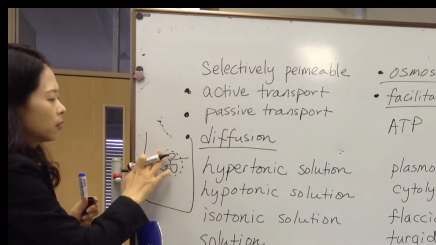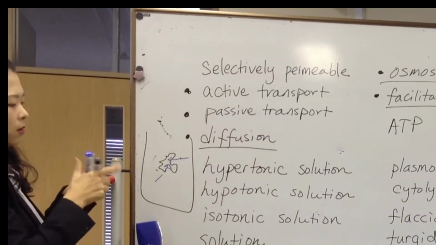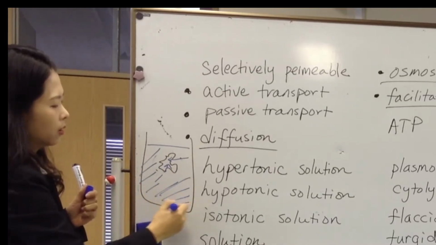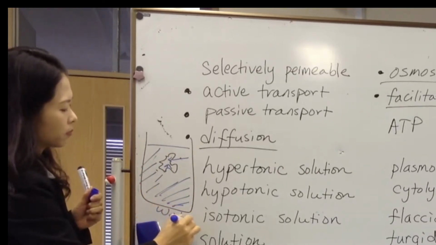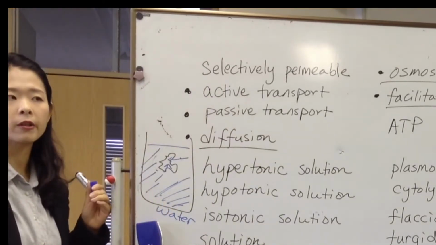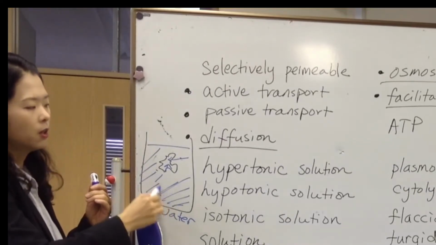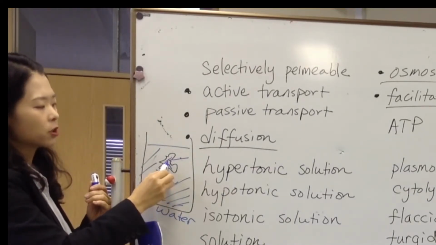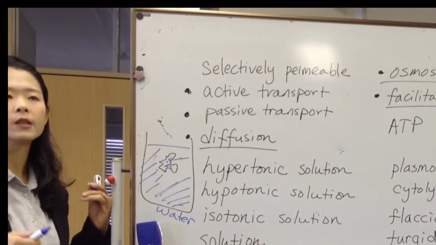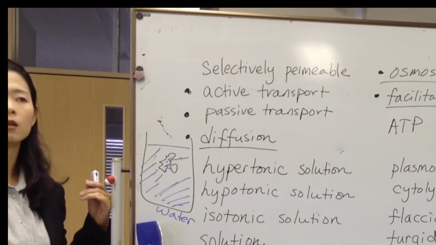Now, the solution here, okay, that's water. Now, compared to the concentration of the solution in here versus the concentration of the solution in the cell, which one is more concentrated, in the cell or in the beaker?